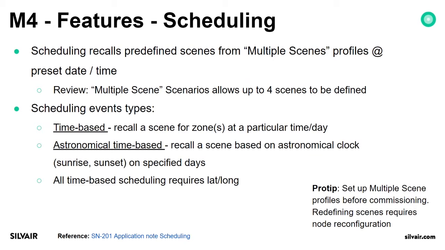This, to function properly, will require your actions in the future, as we don't have astronomical auto-adjusted time per time zone. So you would need to set schedules according to time changes. And also all time-based scheduling requires latitude, longitude.